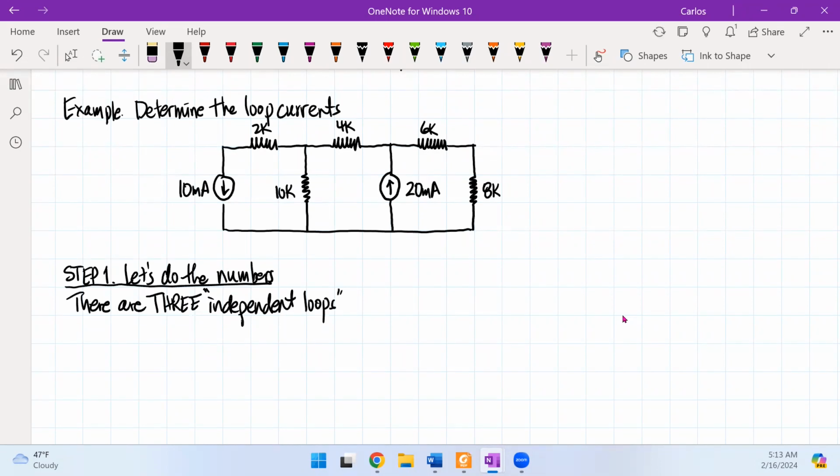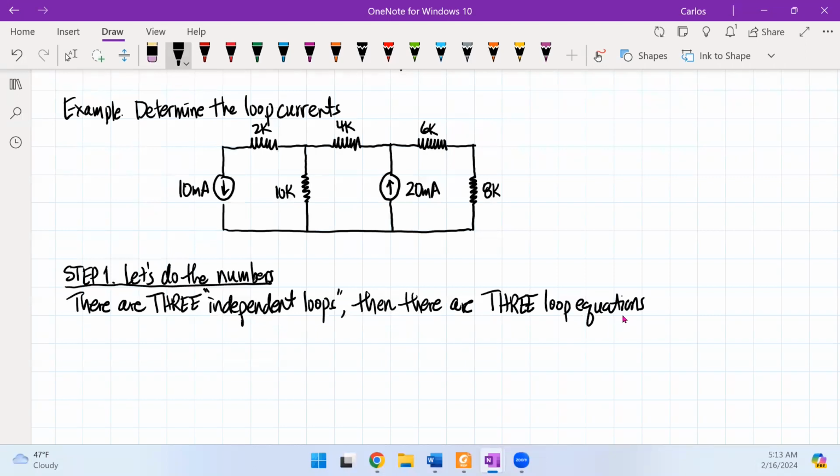But typically we say that if there are 3 independent loops, then there are 3 loop equations. This is what we've set up to now.